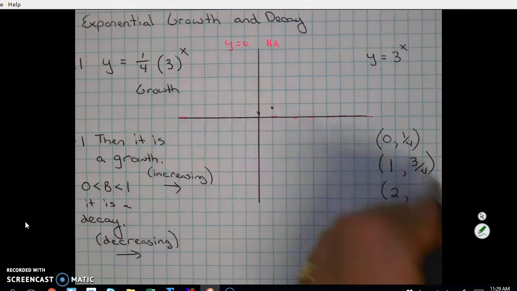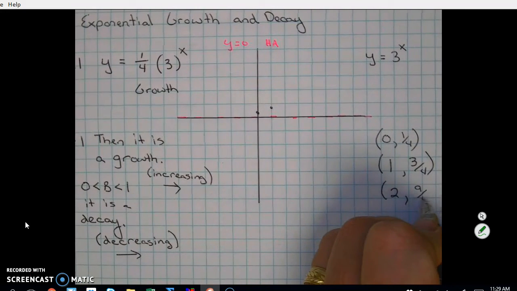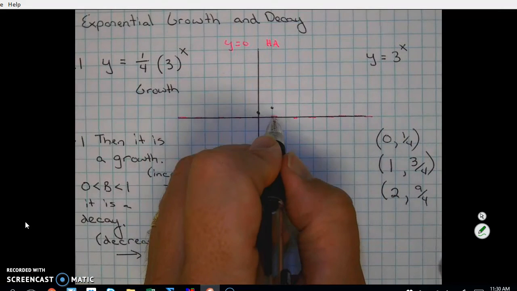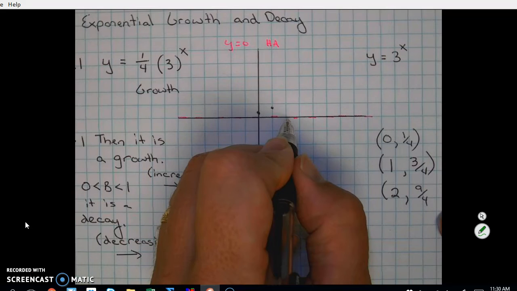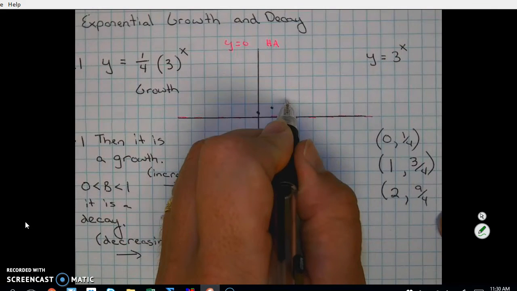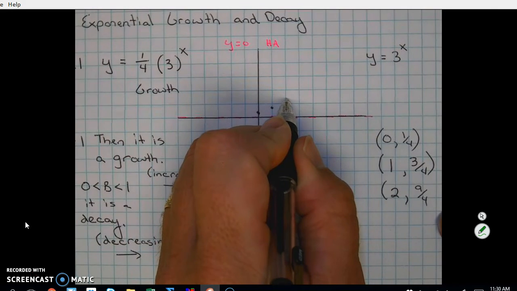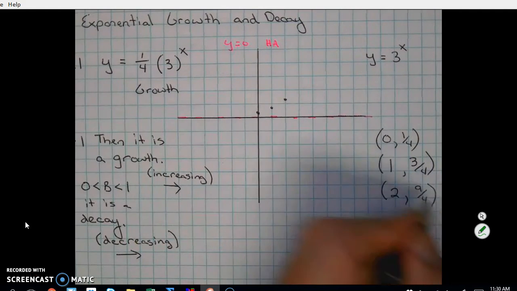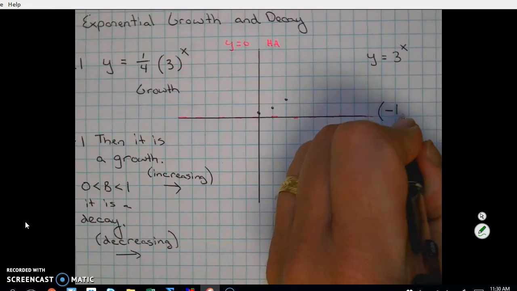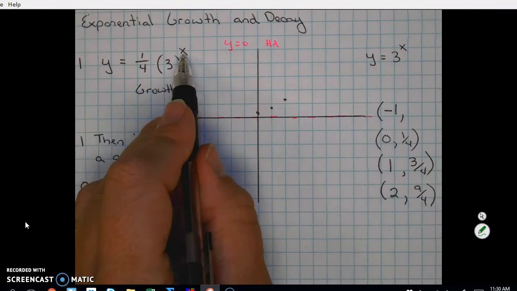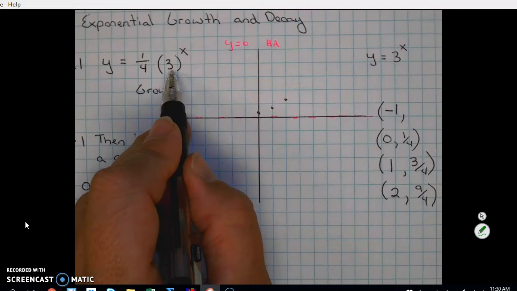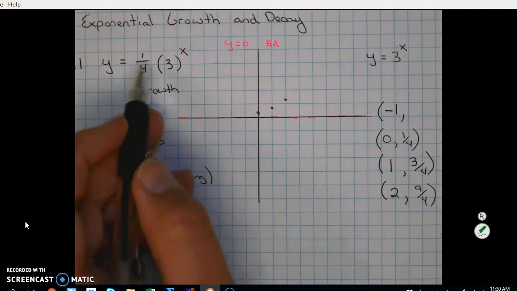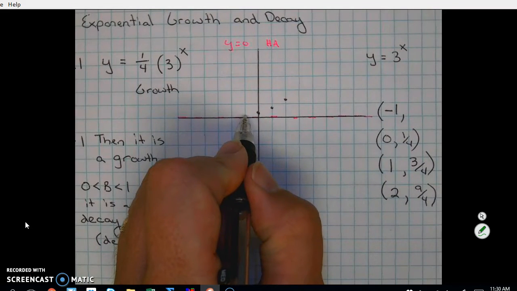So when x is 2, y is 9/4, which is 2 1/4. Let's go the other direction. Let's go to -1. If I plug a -1 in here, I get 1/3, and 1/3 times 1/4 is 1/12. So if I go over here, I'm going to be at 1/12.